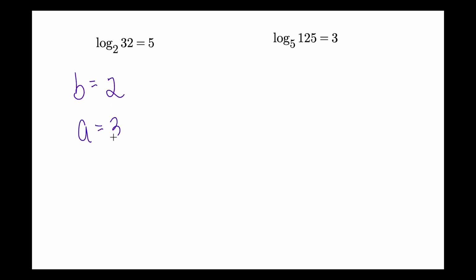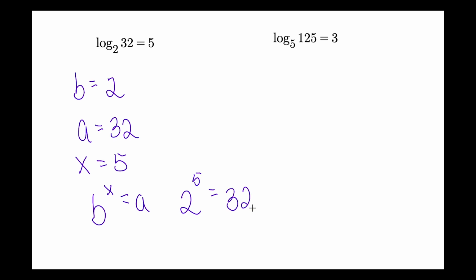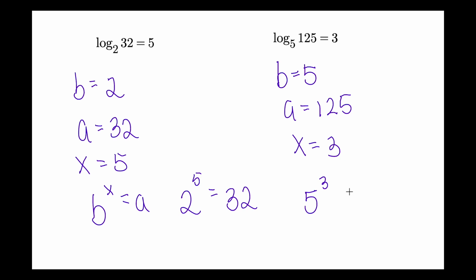The answer is 32, and your exponent is 5. b to the power of x equals a, so in this situation, 2 to the 5th power equals 32. Here, the base has changed to 5, the answer is 125, and the exponent is 3, which will be rewritten as 5 to the 3rd power equals 125.